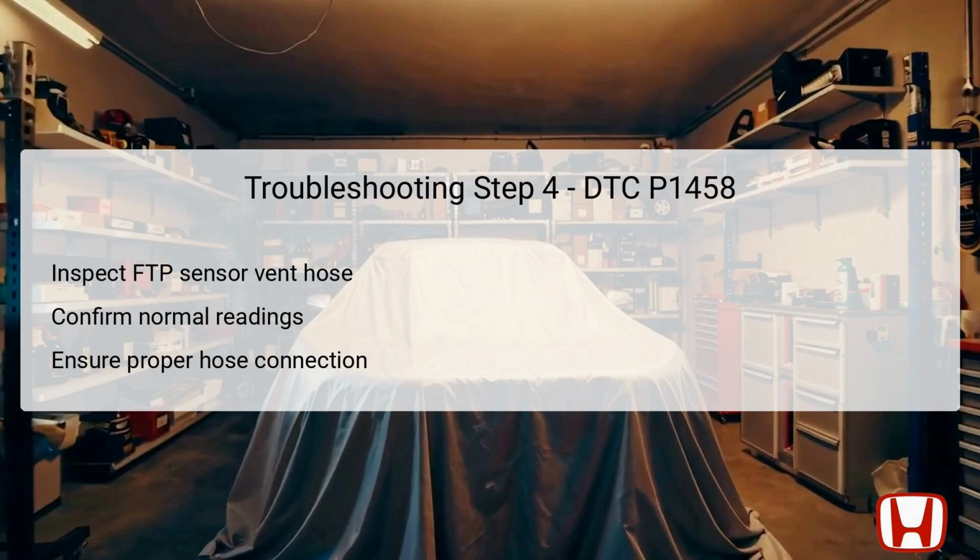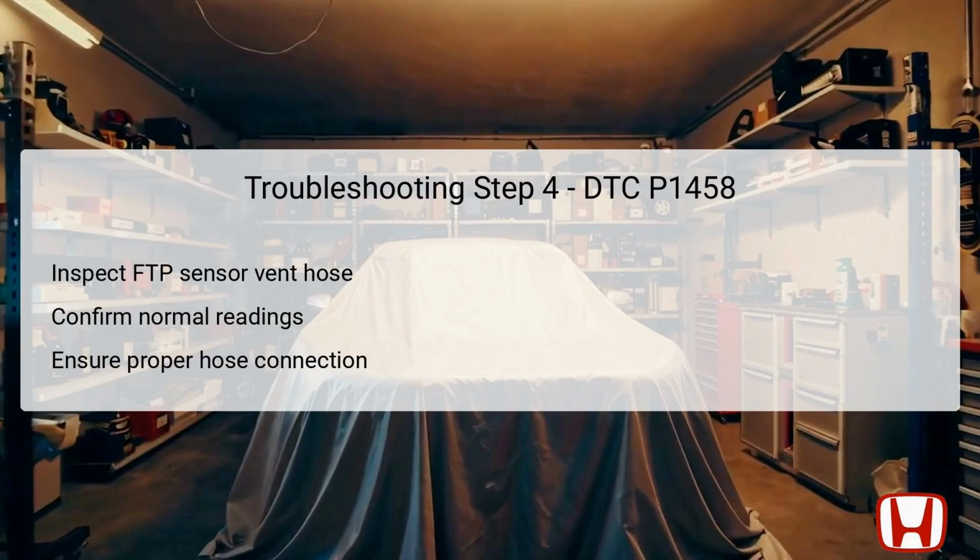In the fourth troubleshooting step, the FTP sensor vent hose undergoes thorough inspection. Following the removal of the FTP sensor, connect it again and turn the vehicle to the on mode. The HDS should indicate a reading of -0.67 to 0.67 kPa for normal functionality.